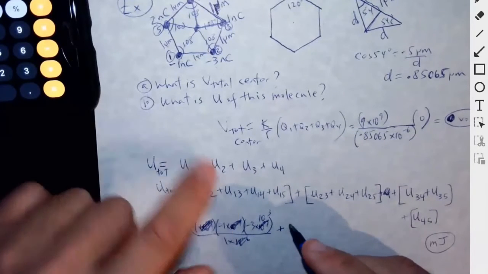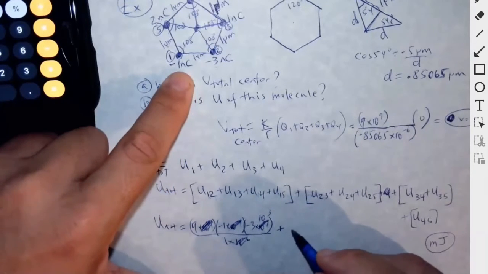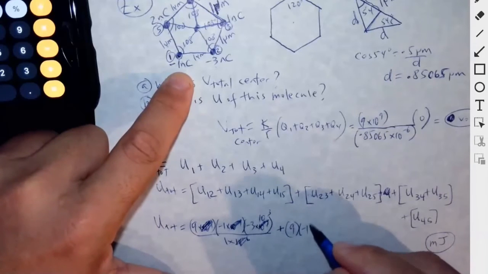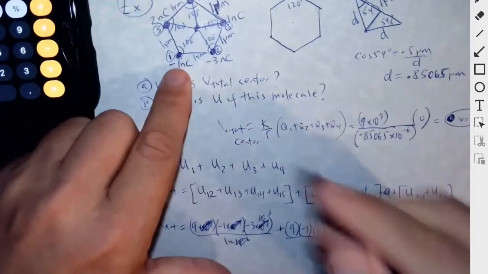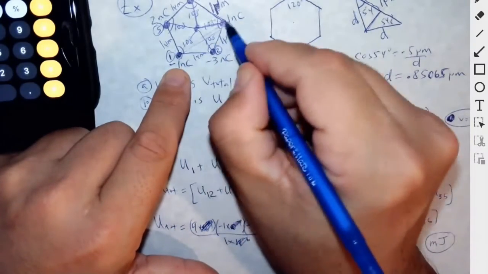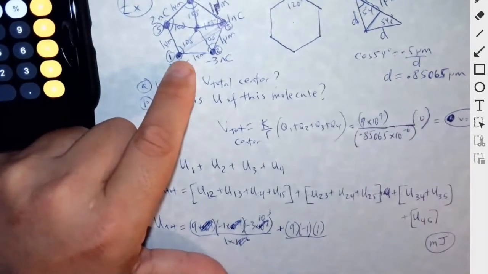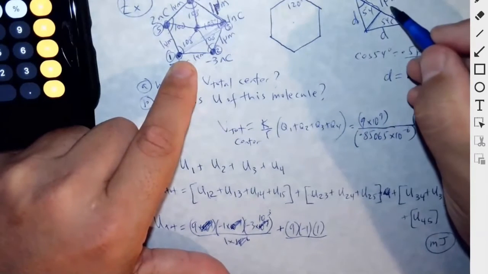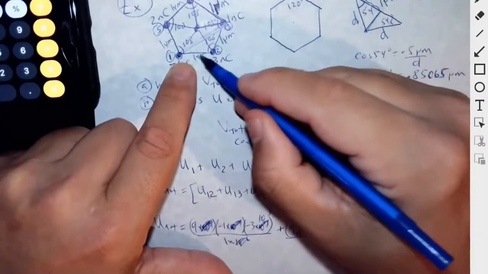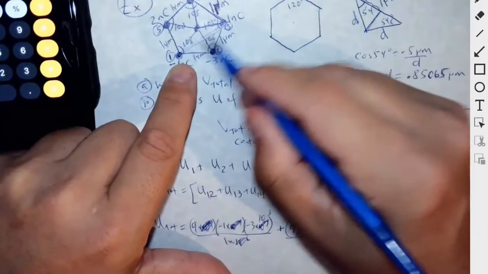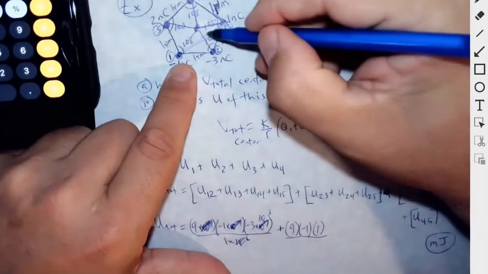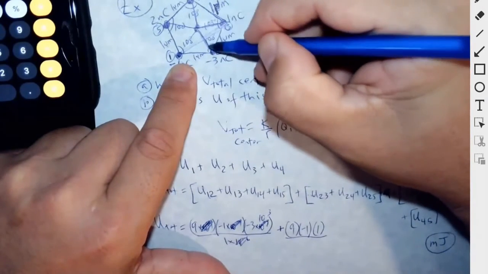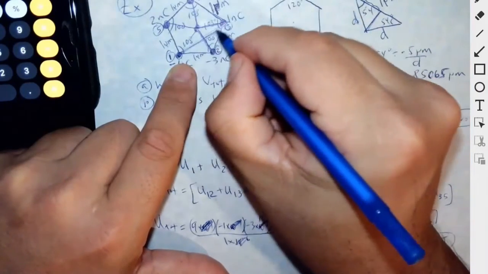So then U13 is going to be 9, negative 1, 1, over, what's that distance? Have we calculated that here? No, this is 1, 1. So we have to do that, right? This distance. A minute ago, we calculated the distance to the center. So what would this guy be?